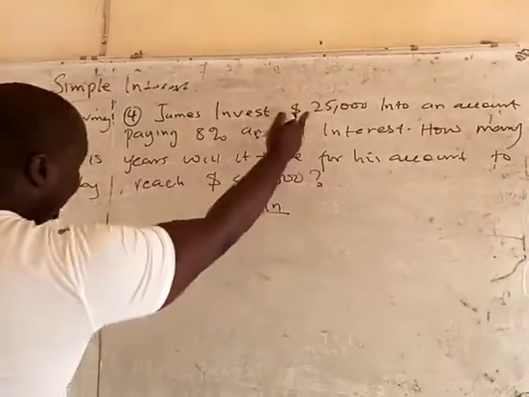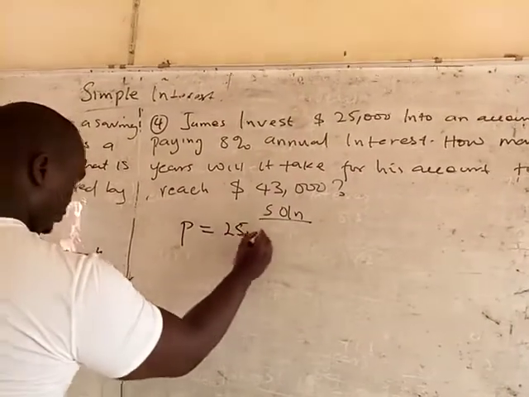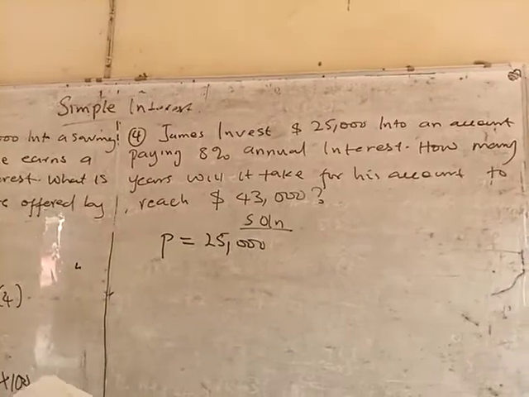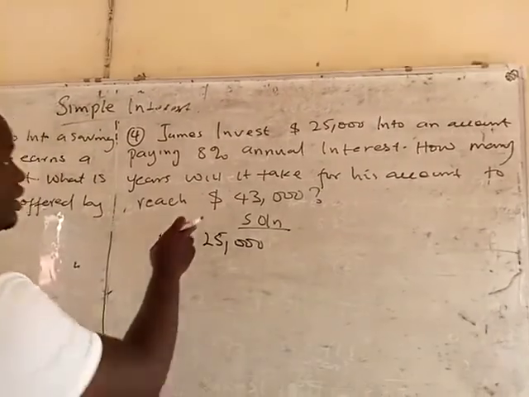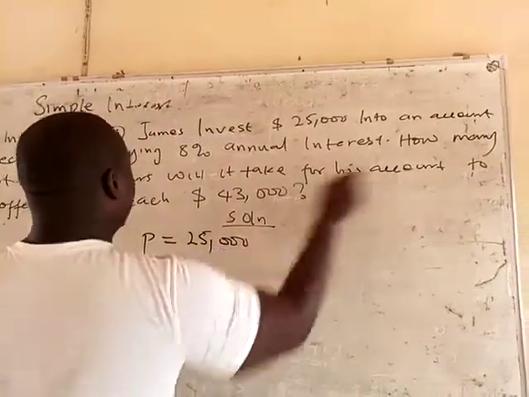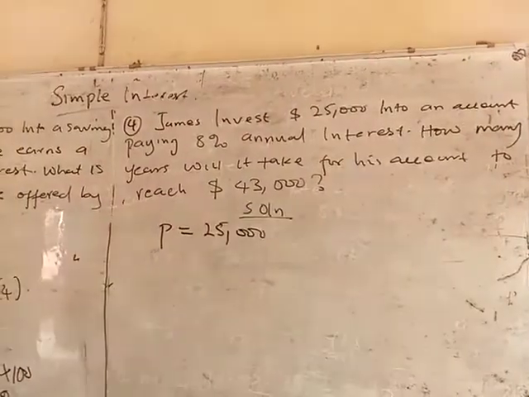James invested this, so our principal is 25,000, right? Good. But they want to know in how many years will it take for his account to reach this, the future amount.